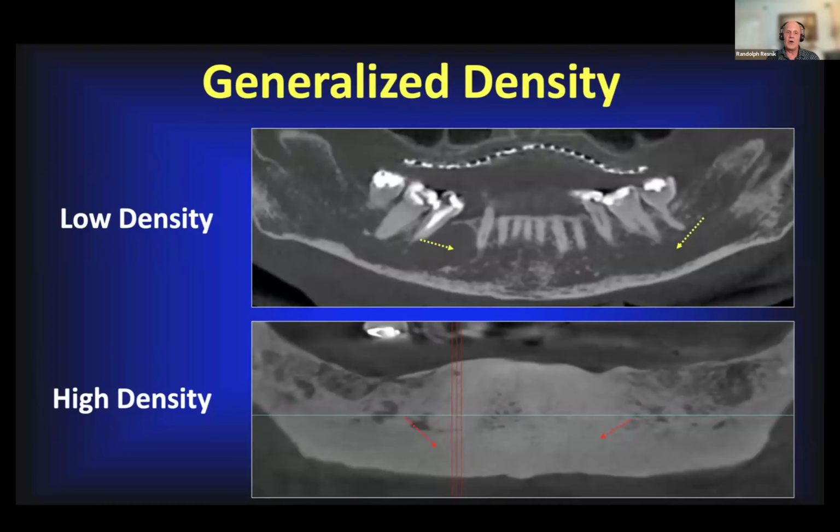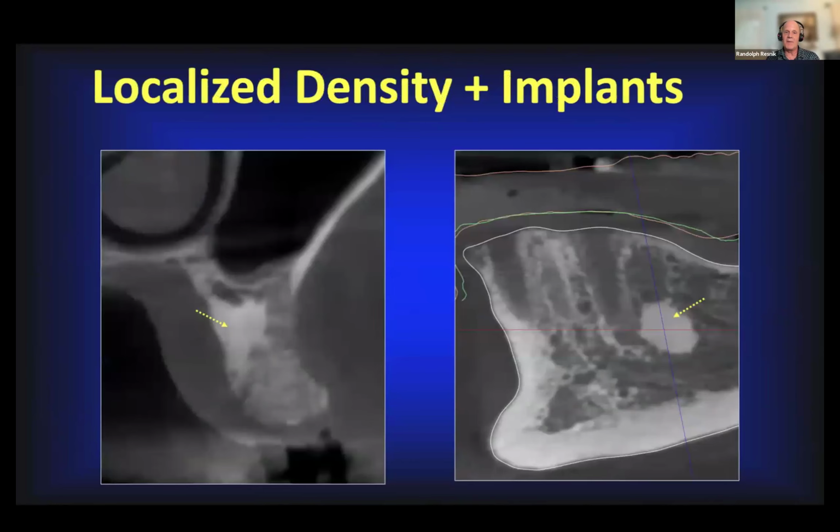As you know, throughout the Institute, we talk a lot about osteopenia and osteoporosis patients with low density. Then we also talk about really hard or D1 type of bone, high density osteopetrosis patients. However, tonight we're just going to talk about localized areas of density and placing implants into these sclerotic areas.